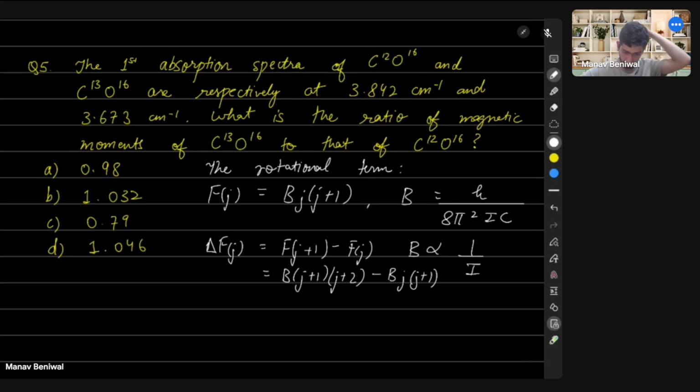So we can take B J (J plus 1) as common, and then we'll get J plus 2 minus J. So this J will cancel out, and this will be 2B (J plus 1).